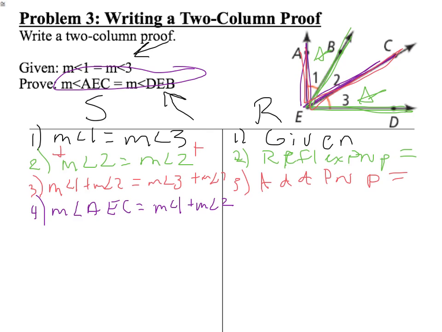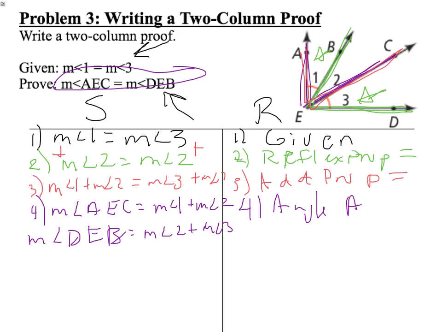In the same statement, I'm going to write measure of angle DEB is equal to measure of angle 2 and measure of angle 3. And the reason I can say that is because of the angle addition postulate, saying that one large angle is the addition of any two smaller angles that it makes up. So like an example would be this angle right there.